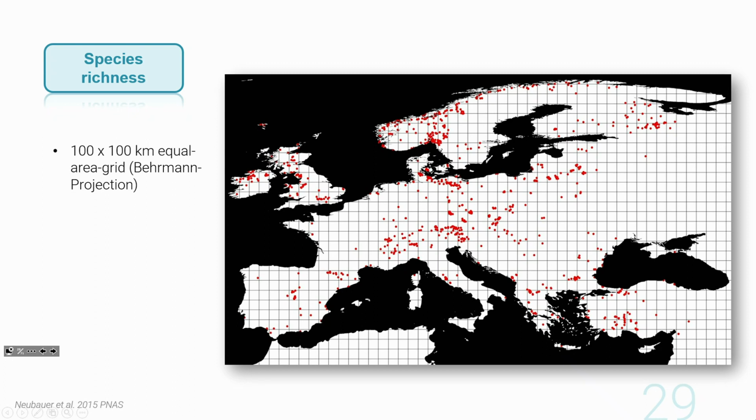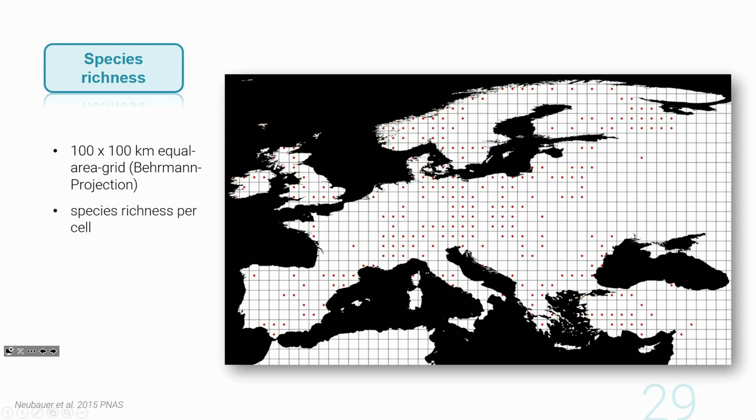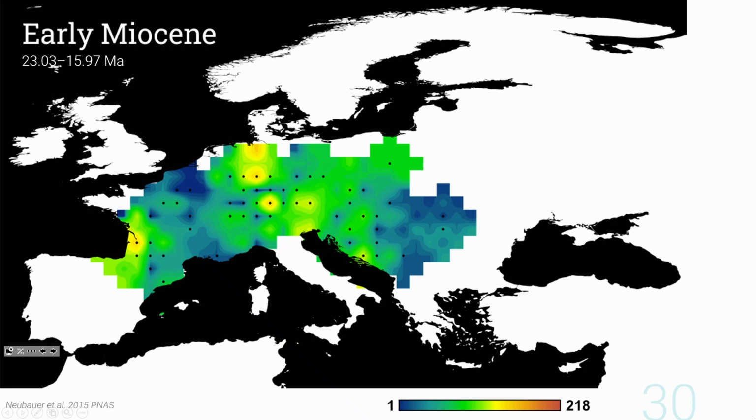So we reconstructed species richness in an equal area grid, which looks a bit like this, so that you do not duplicate species counts. And then you have the number of species within a single cell. You can do heat maps, like with Kriging or other sorts of interpolation algorithms, to get some idea of how diversity may have been distributed even in between those unsampled regions. And it would look a bit like this.